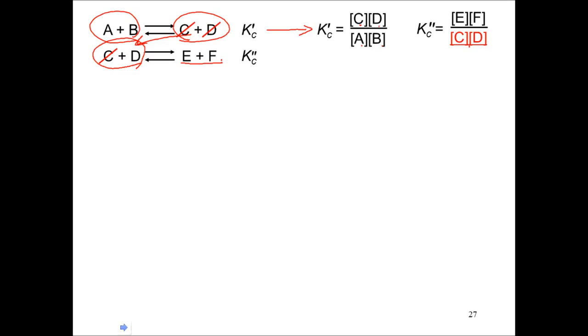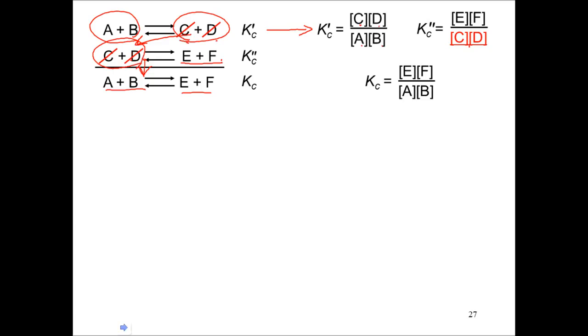What happens then is just like what happened in Hess's law: you see that the products of the first reaction that became the reactants are being crossed out. So when you bring down the species that were not crossed out, you get A plus B equals E plus F. Therefore, the equilibrium expression would be Kc equal to the concentration of the products raised to the power of their coefficients over the concentration of the reactants raised to the power of their coefficients.